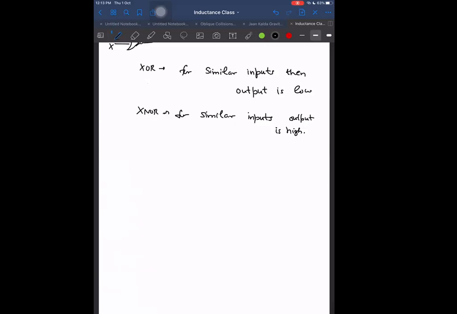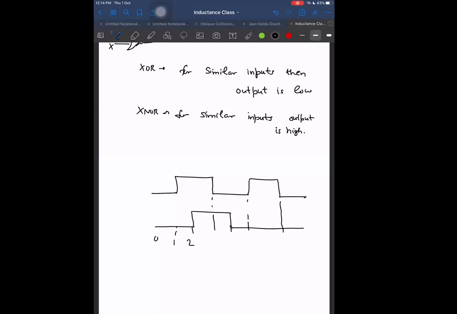Then comes what waveform we will get if I have this kind of waveform here. Time is given to us, maybe 0, 1, 2, 3, 4, 5, 6, 7.